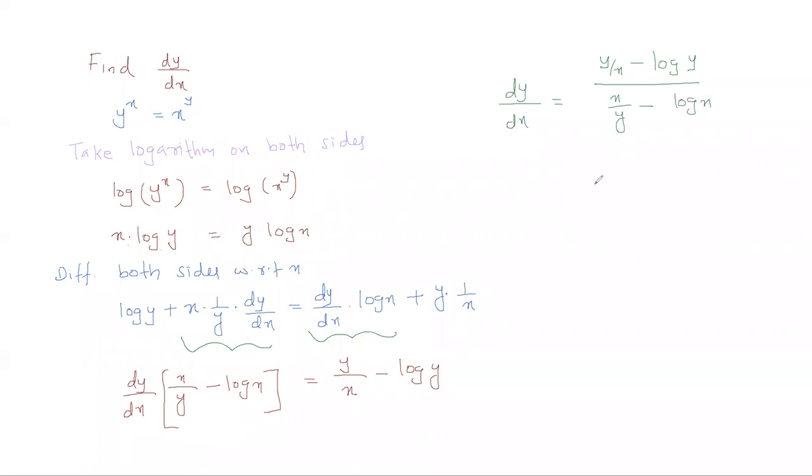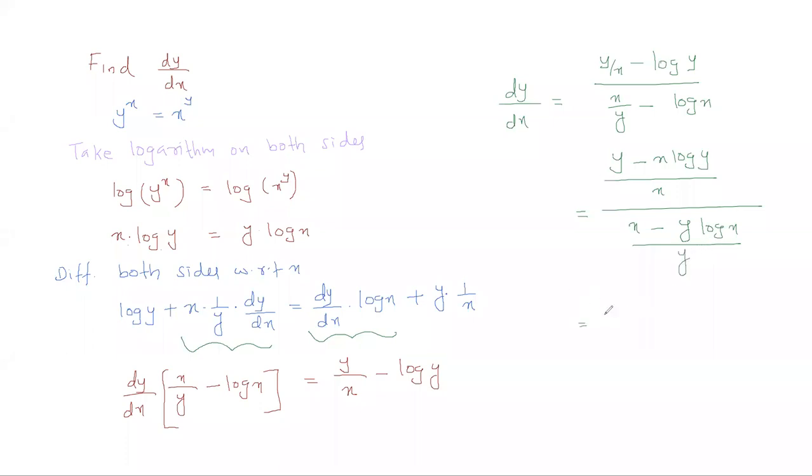Answer is done. If you want, you can simplify a little more. It is y minus x log y divided by x, the whole divided by x minus y log x divided by y.